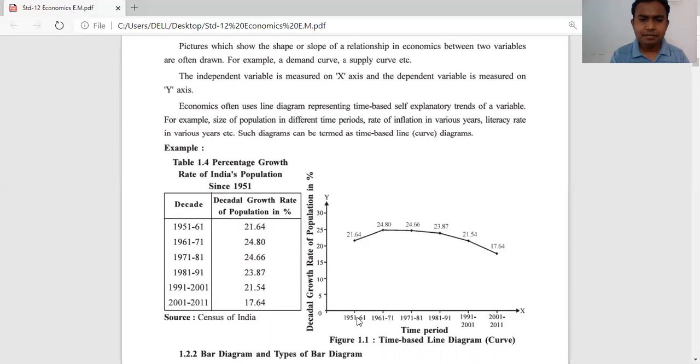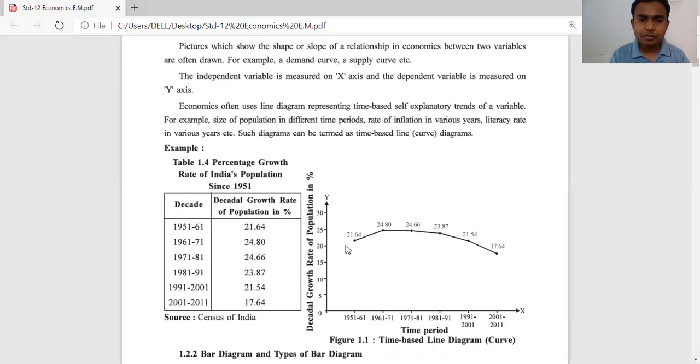You see 1951 it comes to 21.64. So between 20 and 25 somewhere here we have 21.64. So 21.64 is here. Then 61 to 71 24.8. So 61 is here, 24 comes near 25. So you see 24.8 is here.